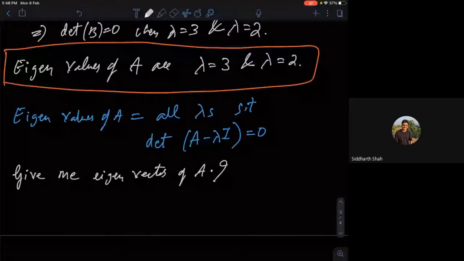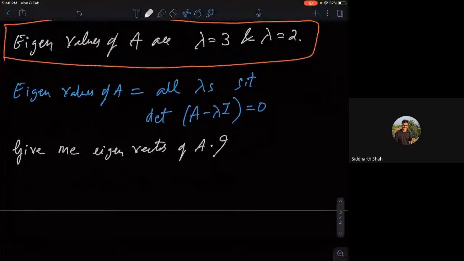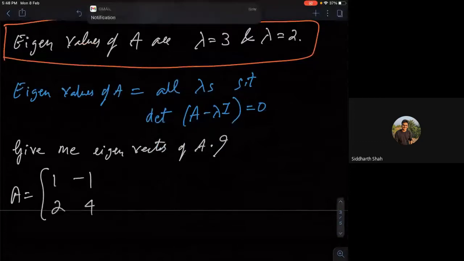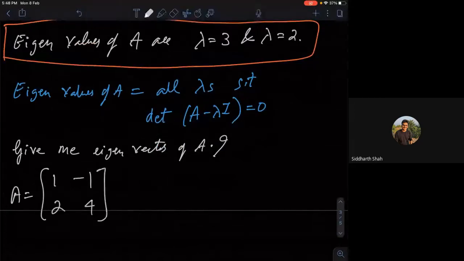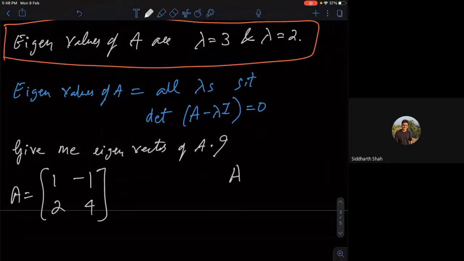Let's now go back to our matrix A, which is 1 minus 1, 2, 4. This is my matrix. Let me call the eigenvalues lambda 1, lambda 2.